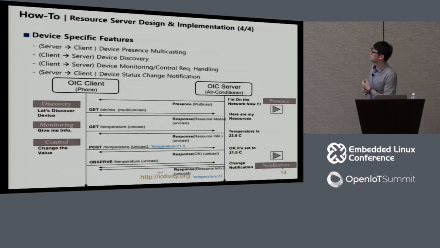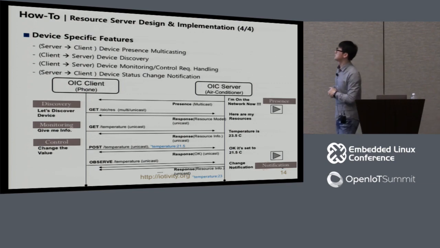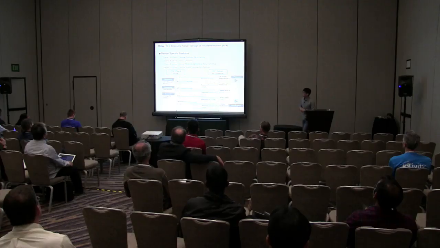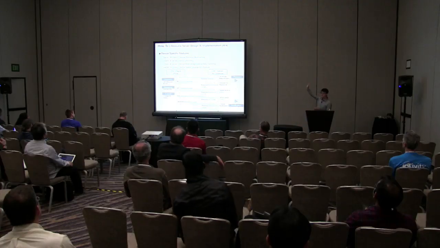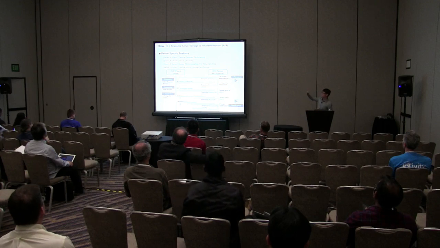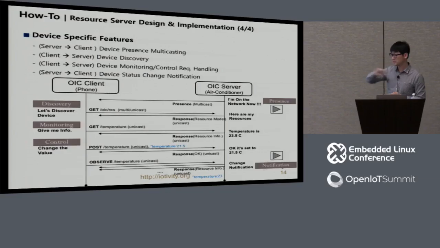And this is how you use the features of the resource server using the resources. When setup is done and the resource server is working, then the resource server can send the multicast present packet. So every OIC client on the network will receive the present packet so that it could initiate resource discovery.